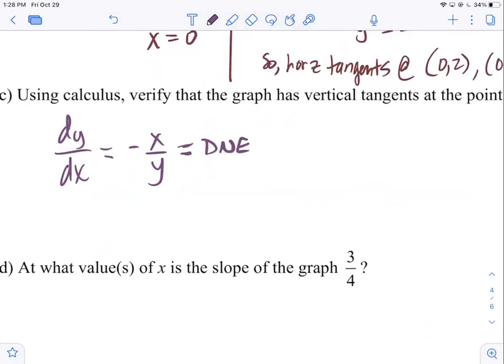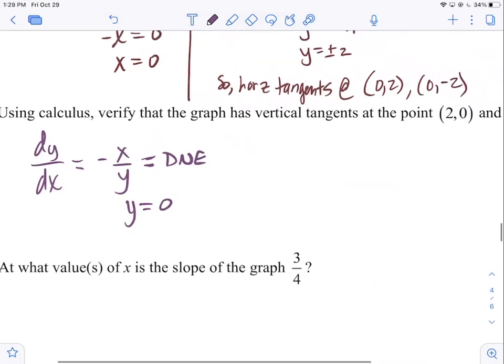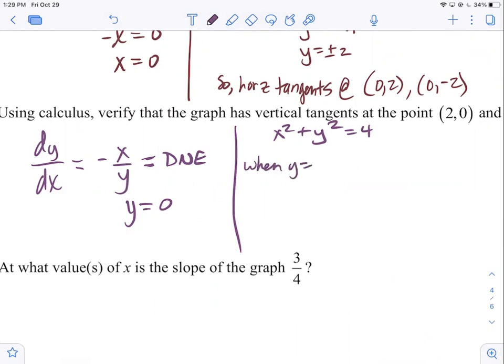And now we know that we're interested in just when the denominator is 0. And again, if you call that negative y, you would have 1 extra step. And now to find the pairings, we'll bring the equation back down, x squared plus y squared equals 4. And similarly, we'll say when y equals 0, you get x squared equals 4, and x equals plus or minus 2. Pretty easy equation.